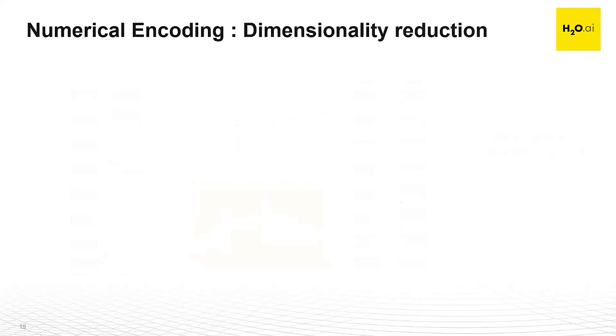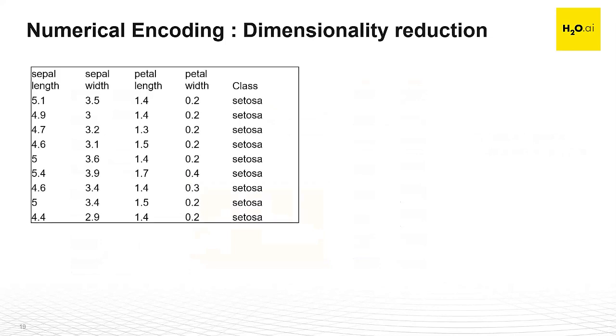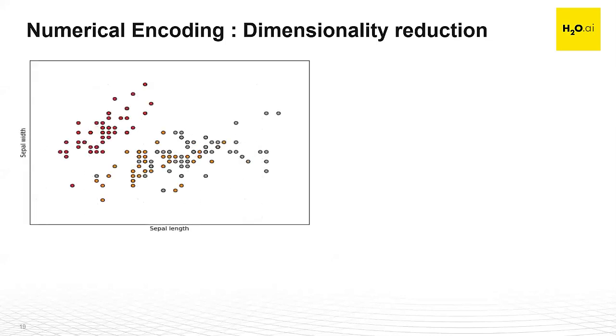Another common type of transformation for numerical features. I have an example here using the iris data set, where we try to predict the class of the plant, and you have some features. So what you can see here is I have 4 features and 3 classes.